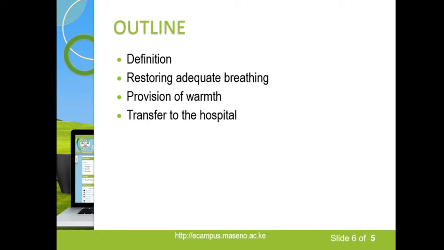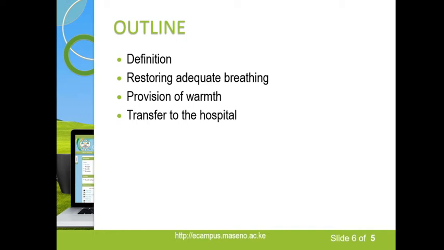So as a first aider, you should ensure that if the casualty is unconscious, then the airway is open, and you check the breathing. Remember, as I reminded you earlier, this is still in the respiratory system.